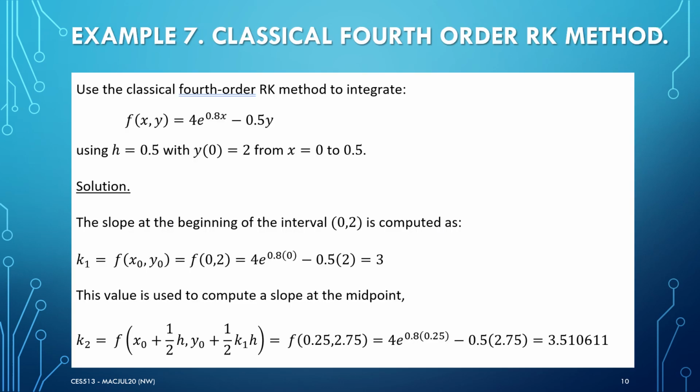For a better understanding of the fourth order Runge method, let us look at example 7. For this example, use the classical fourth order Runge method to integrate the function f of x, y equal to 4e to the power of 0.8x minus 0.5y, using h equal to 0.5 and the initial condition of y0 equal to 2, from x equal to 0 to 0.5.